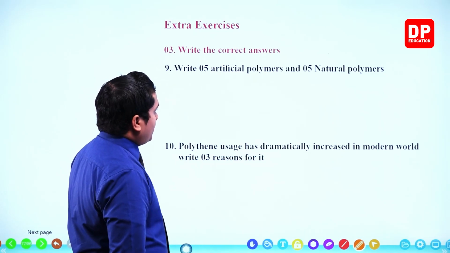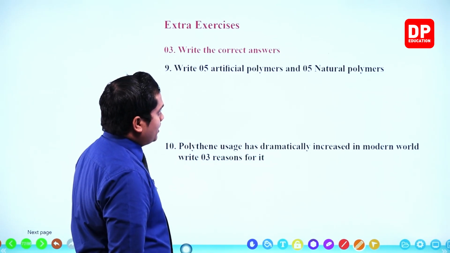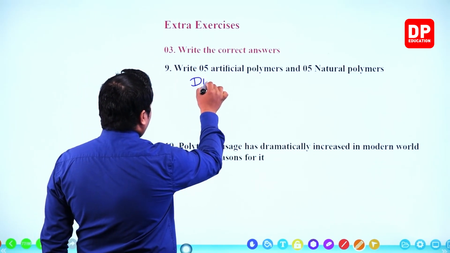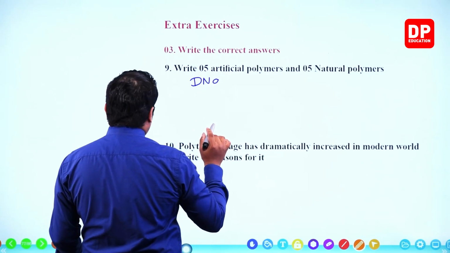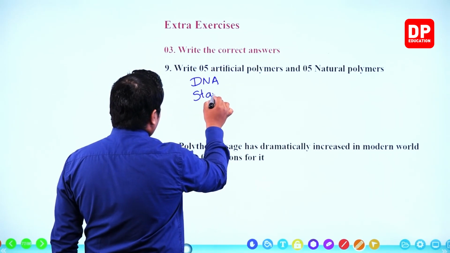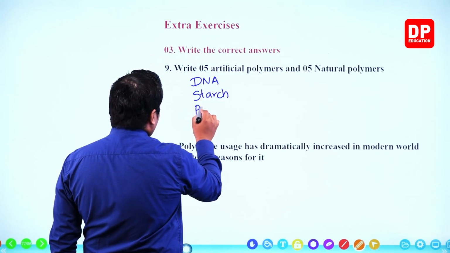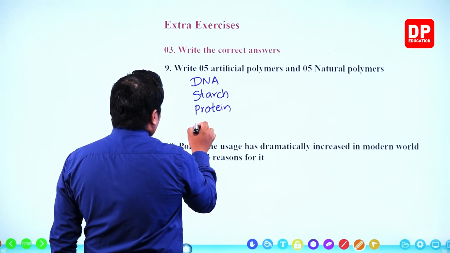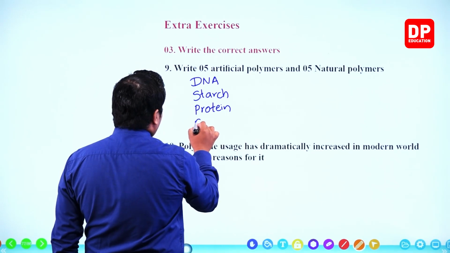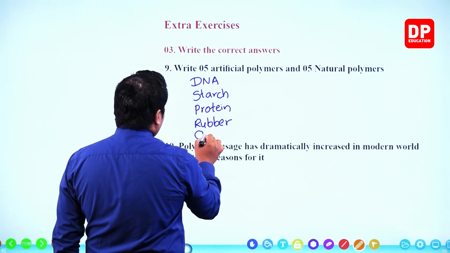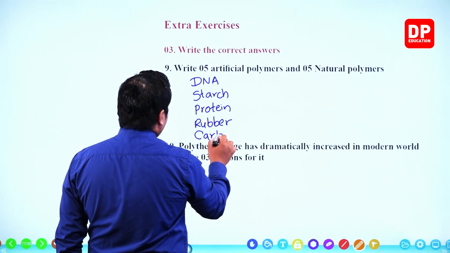Write 5 artificial polymers and 5 natural polymers. Okay. So DNA, starch, protein, then rubber and carbohydrates.